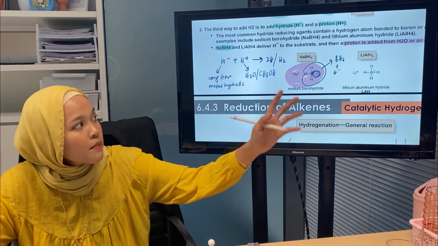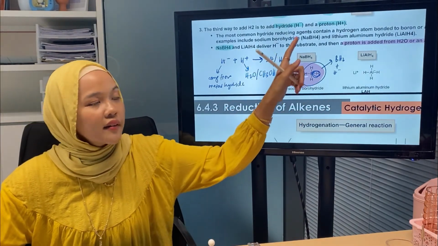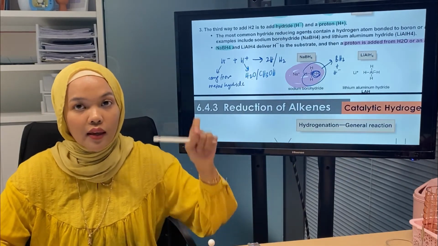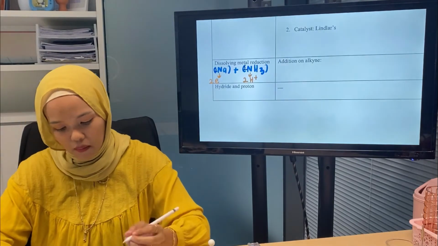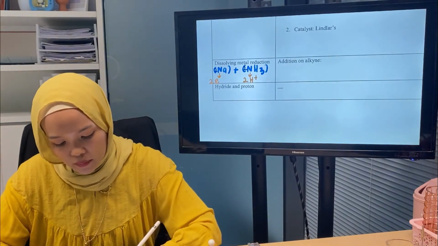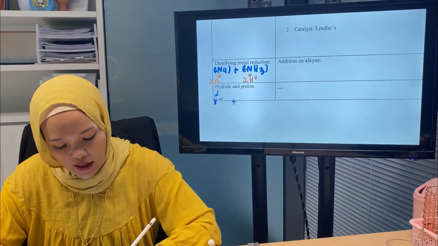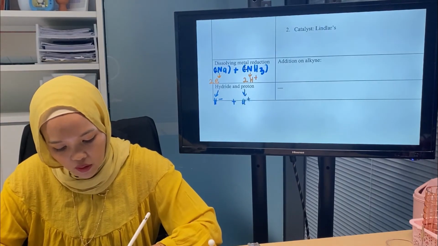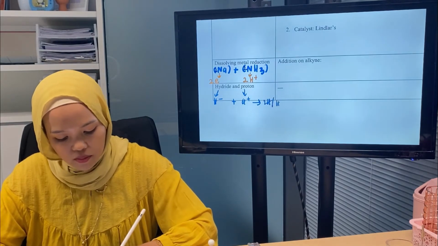So when you want to add this together, you must add sodium borohydride in water, or in alcohol such as methanol or ethanol. Hydride plus proton will be equivalent to 2 hydrogen or H plus.